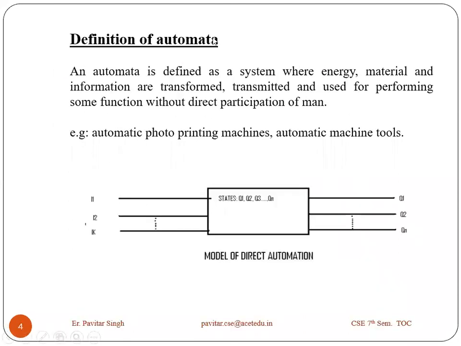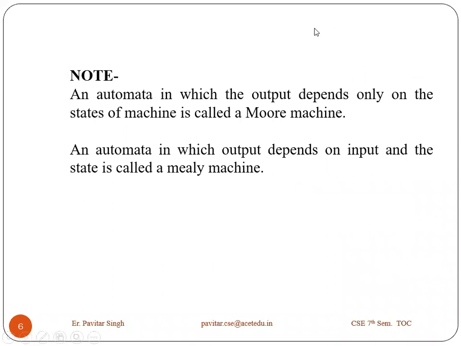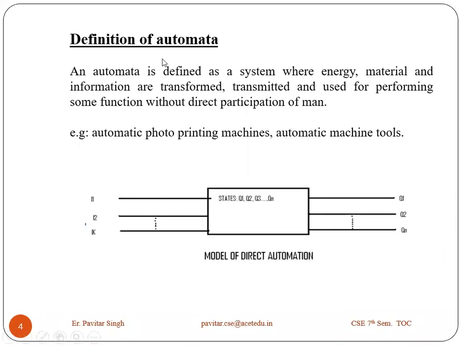So the definition of automata. An automata is defined as a system where energy, material and information are transformed, transmitted and used for performing some functions without direct participation of a man.